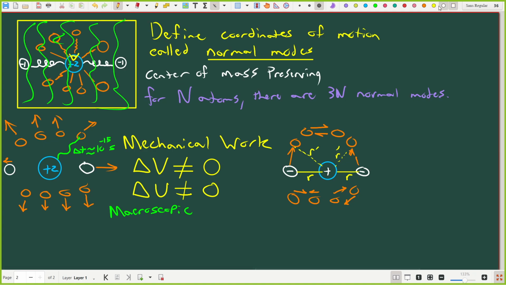I'll draw the little atoms. Imagine now they're right here instead. So the distance between the positive and the negative charges is changing when these collisions are happening. You're extending the displacement of the electric field that's created by the attraction between the negative and the positive charges.